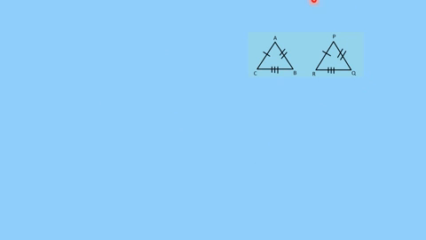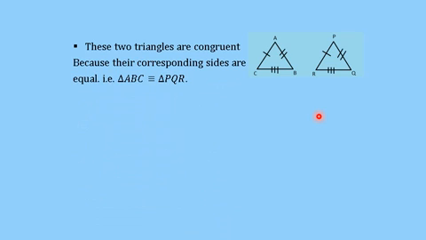Now consider these 2 triangles, triangle ABC and triangle PQR. These 2 triangles are congruent because their corresponding sides are equal. That is, triangle ABC is congruent to triangle PQR.